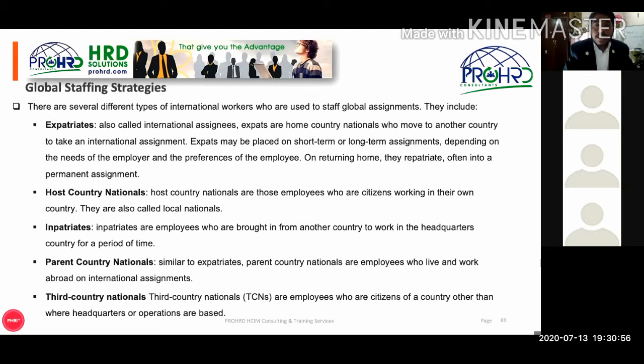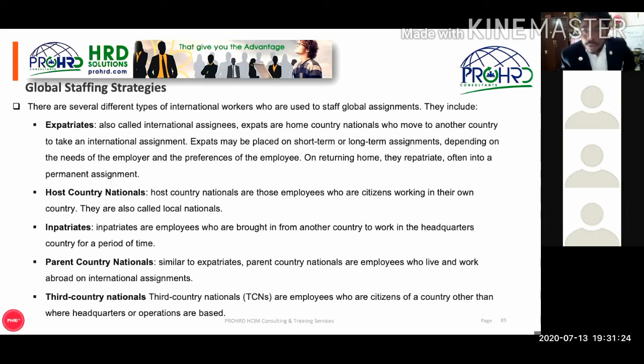What are impatriates? Impatriates are employees who are brought in from another country to work in the headquarters country for a period of time. As I told you, Mona, there is a company Coke in Egypt. In the Coke factory, there are some critical employees, very good performers.